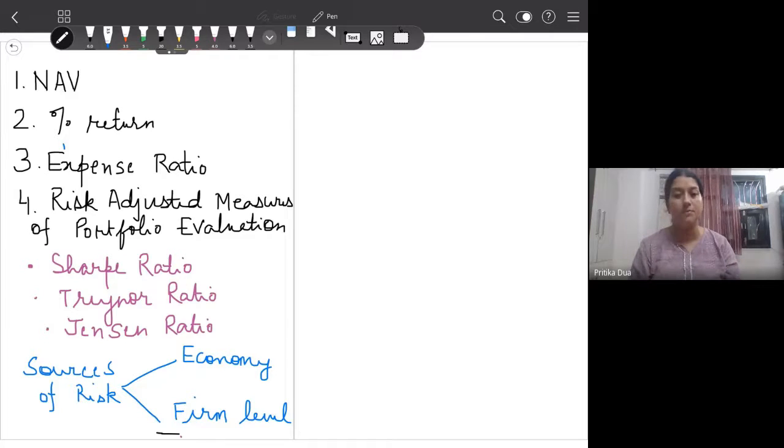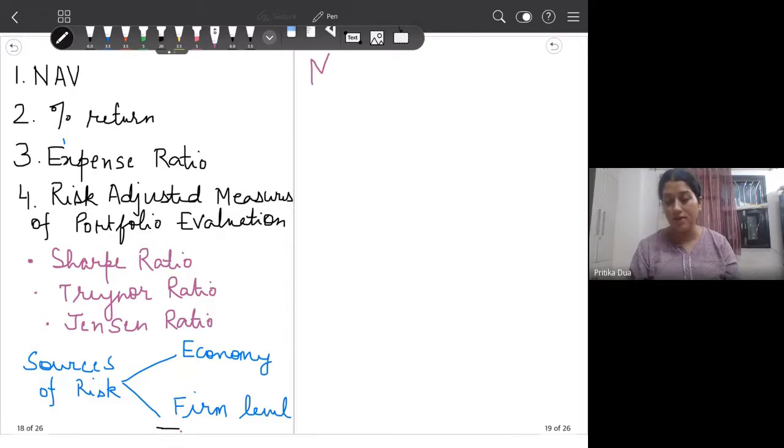So when we categorize the risk, we see whether the risk is a macro level risk or a micro level risk, because from the perspective of investment, a macro level risk is something that cannot be diversified.